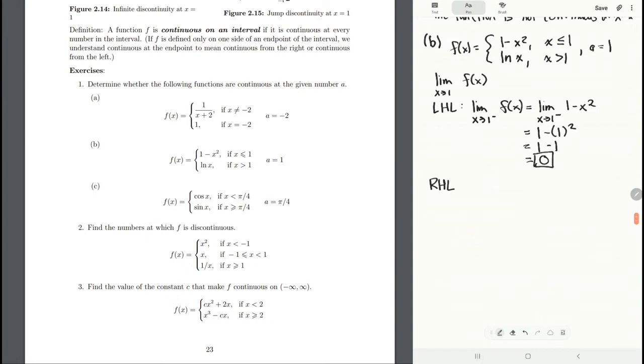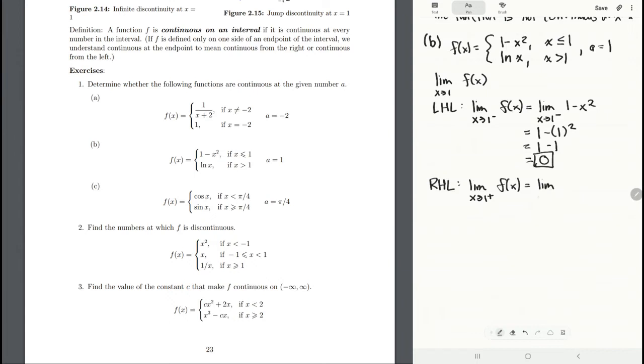Now for the right-hand limit, we're going to approach 1 from the right. And if x is approaching 1 from the right, then x will be slightly larger than 1. And if x is larger than 1, then f of x will be equal to the natural log of x.